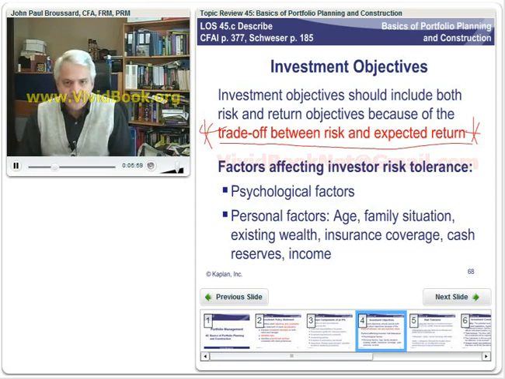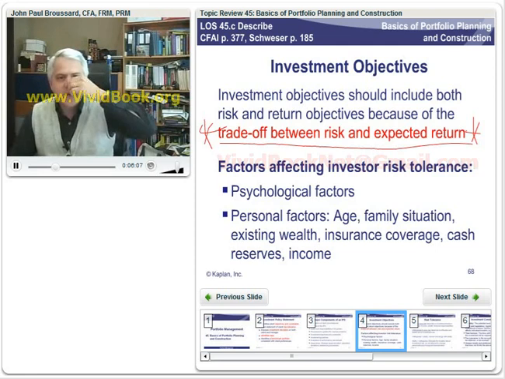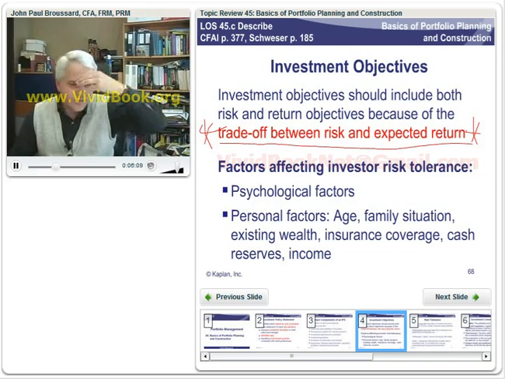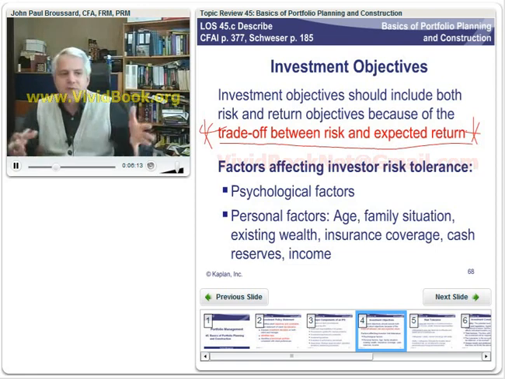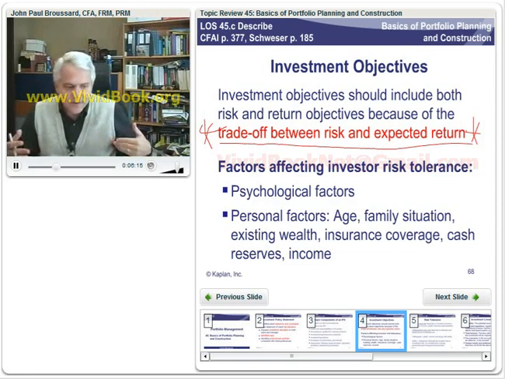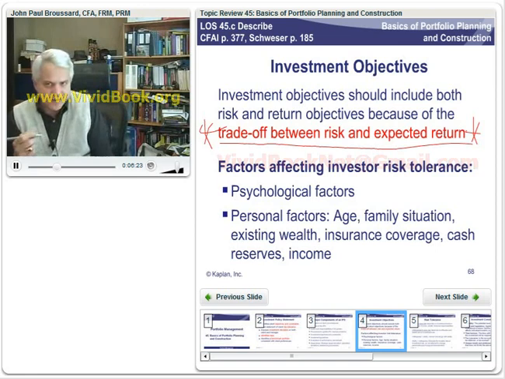Now, when we talk about risk tolerance for the investor, there are some psychological and personal factors. Psychological factors are related to what the investor likes and dislikes, what they feel comfortable with, what they don't feel comfortable with. And on the next slide, we're going to talk about this concept of willingness and ability to tolerate risk.